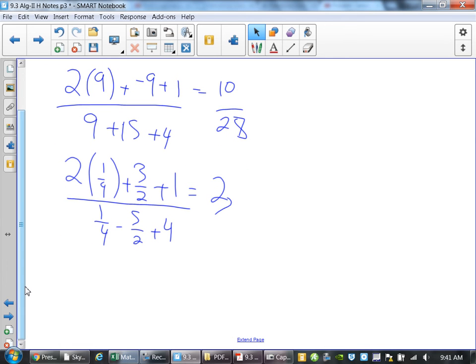So 1/4 minus 5/2 plus 4. Well, that's 1/4 minus 10/4 plus 16/4, which is 7/4. That's ugly.